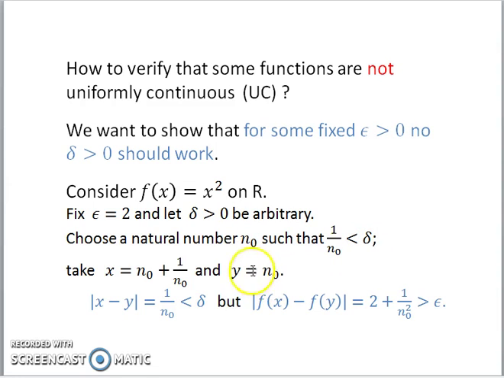Then we denote y to be n naught, and x is n naught plus 1 over n naught. It's easy to see that x minus y is 1 over n naught, which is less than delta, but f of x minus f of y, by a simple calculation, is strictly greater than 2. That means it is strictly greater than epsilon. Hence, this function is not uniformly continuous on R.